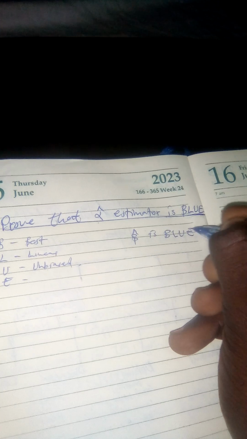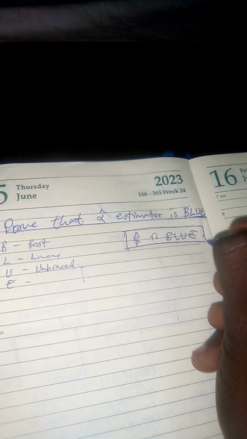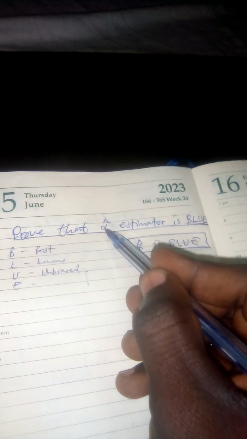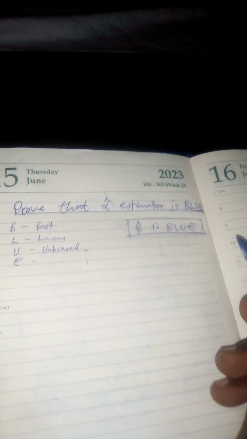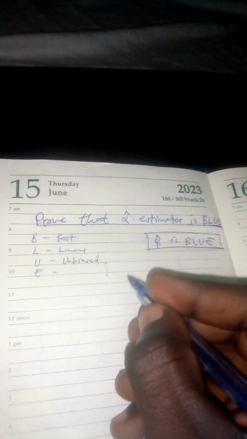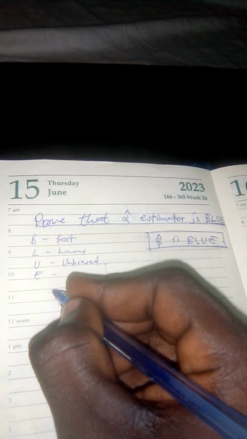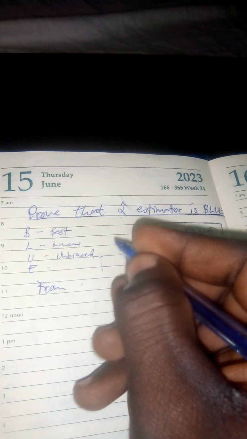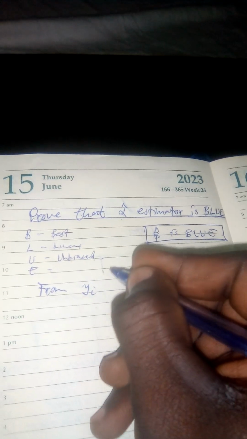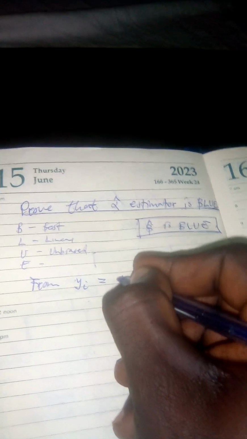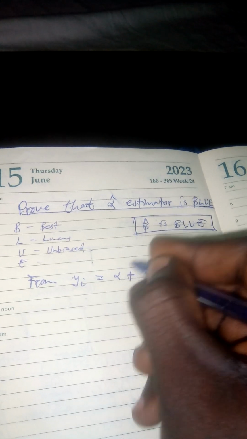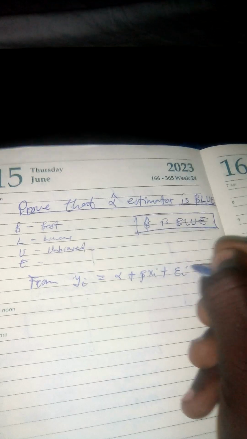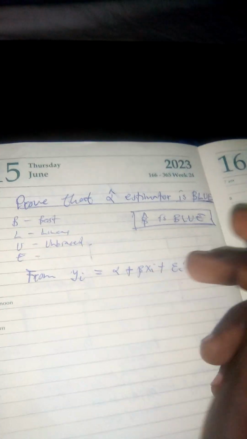Today we want to see how we can prove this estimator is BLUE. First of all, we have to show that this estimator is linear. From our regression line, our dependent variable y equals alpha, the intercept, plus beta xi plus the error term.